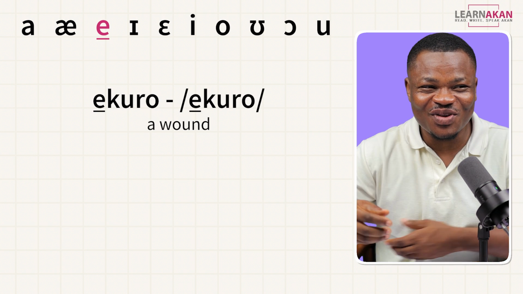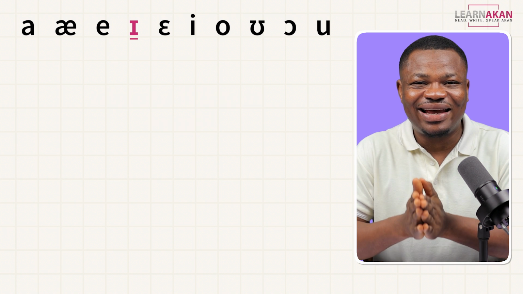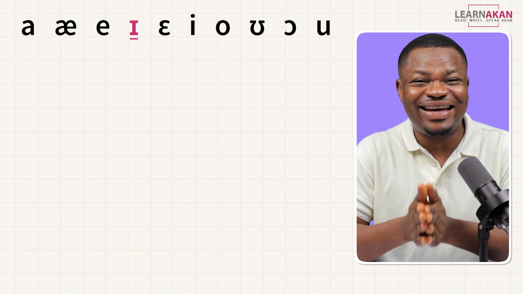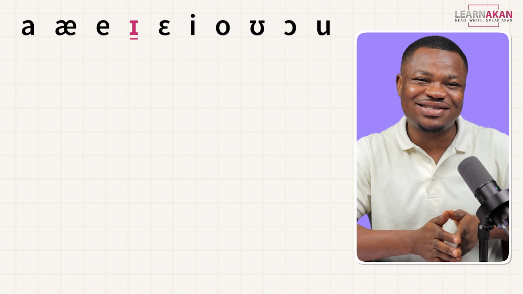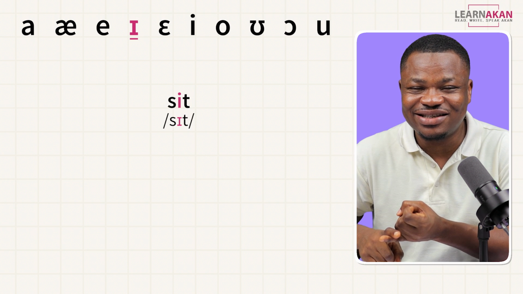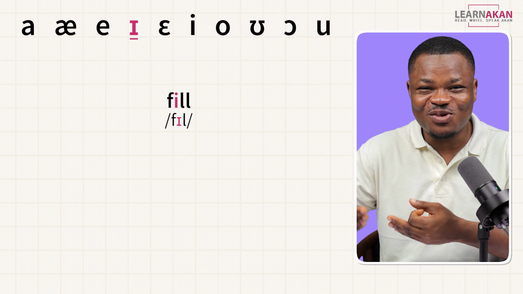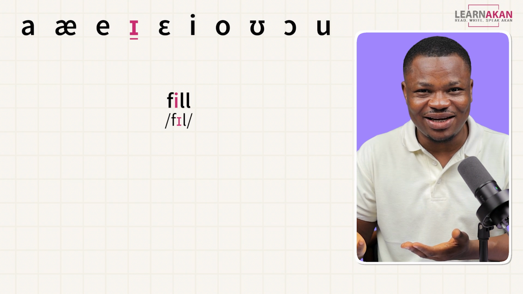okay, ekru. Now let's look at the second sound of this vowel. So this E sound is the same as the sound that you find in the middle of words like sit, pit, fail. You know, those words. So the E in the middle. So this is quite easy, right?